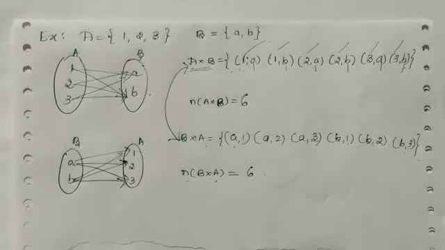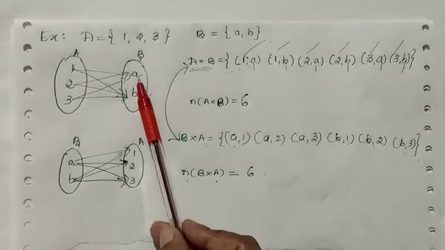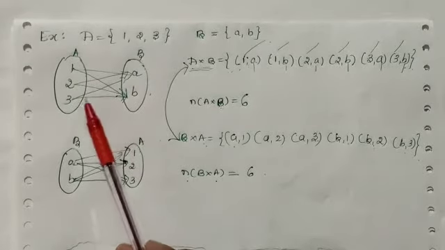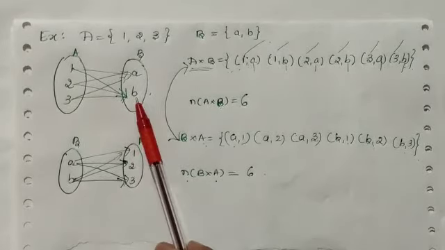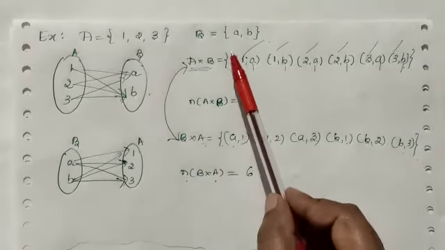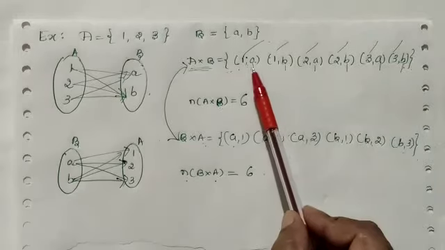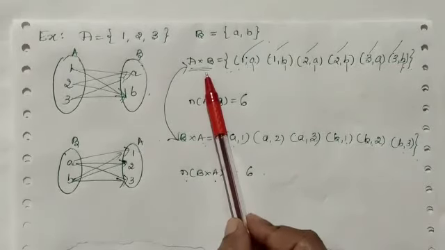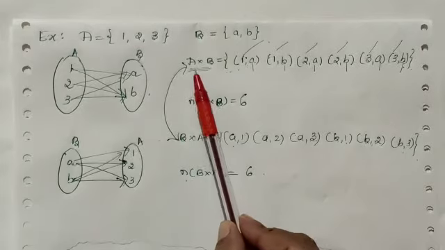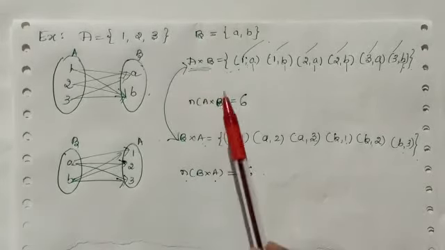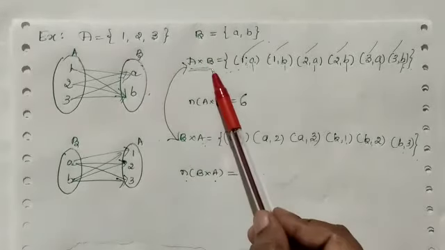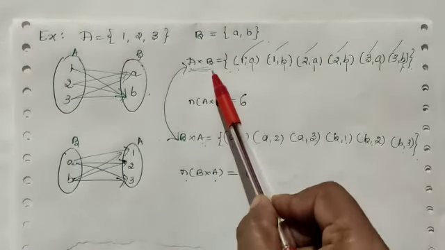We'll list them out: 1A, 1B, 2A, 2B, 3A, 3B. The set containing all these ordered pairs gives our Cartesian product of A and B. It is denoted as A cross B.